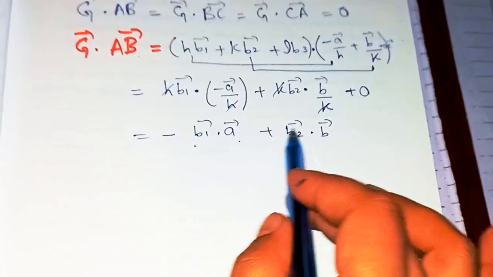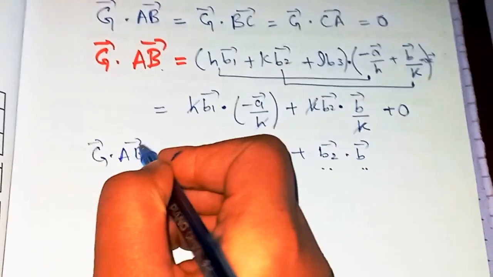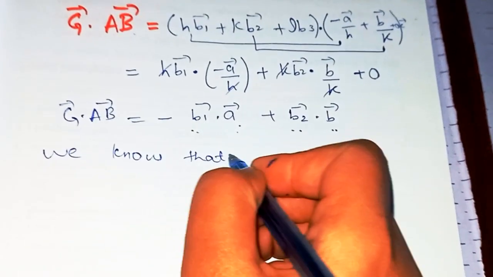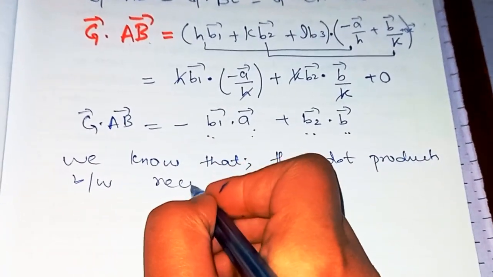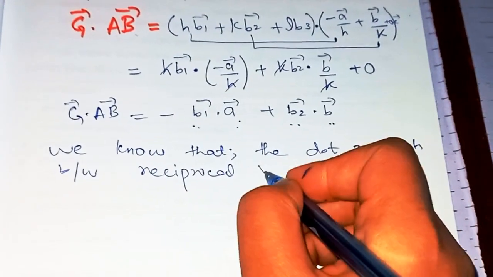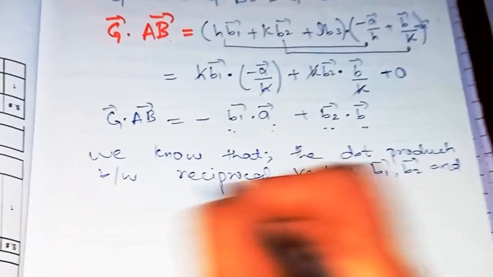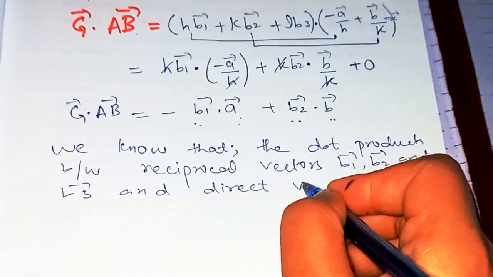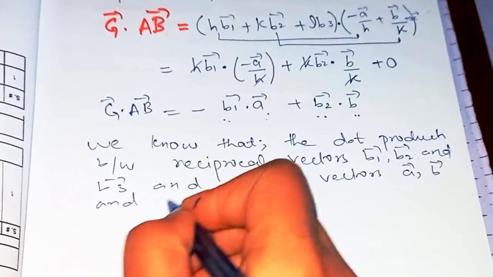Now what these products are equal to, let me mention here that we know the dot products between reciprocal vectors b1, b2 and b3 and direct lattice vectors a, b and c.